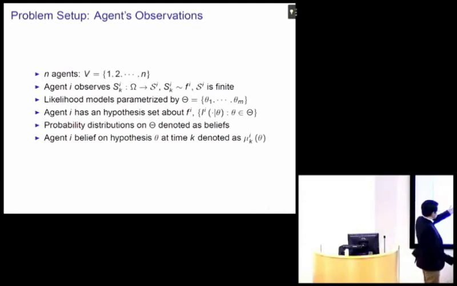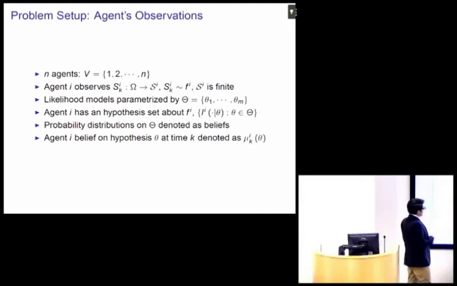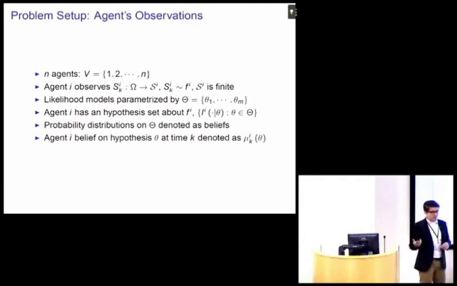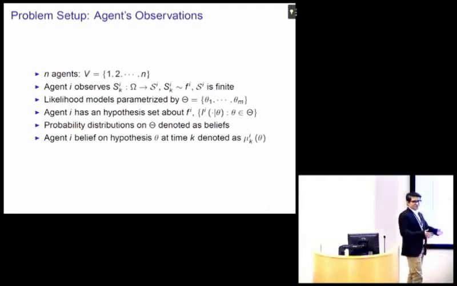You can consider this theta as the hypothesis, being, okay, there is a traffic jam or not, or there is an attack happening or not, and we somehow have models of what these things look like. Then we can construct a set of probability distributions on these hypotheses that we call beliefs. What do we believe? Do we believe an attack is happening or not?